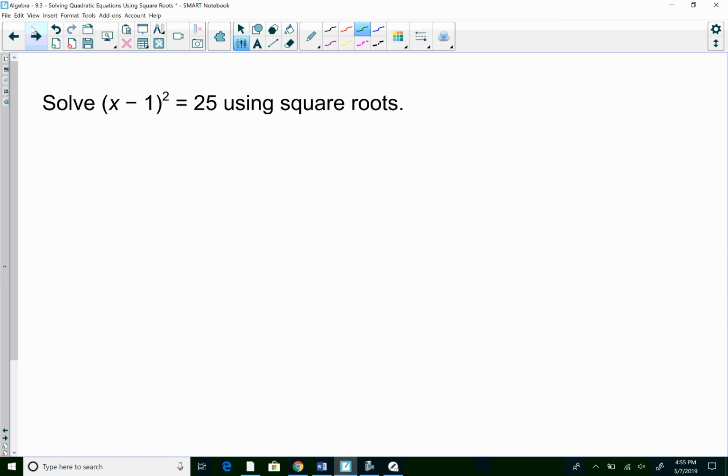So, ladies and gentlemen, this time, again, we're going to solve using square roots. Right now, you've got this entire quantity squared. Now remember, this is x minus 1 times x minus 1.